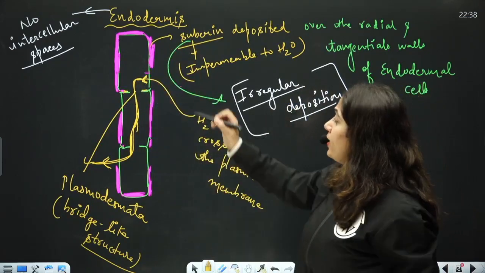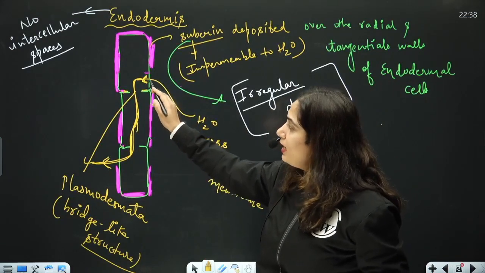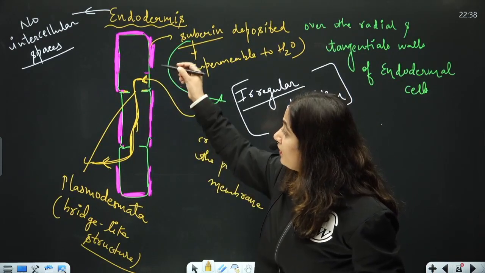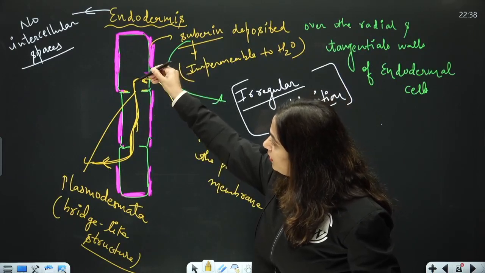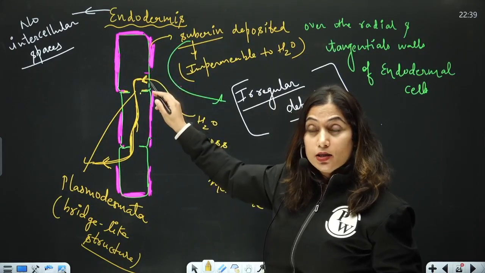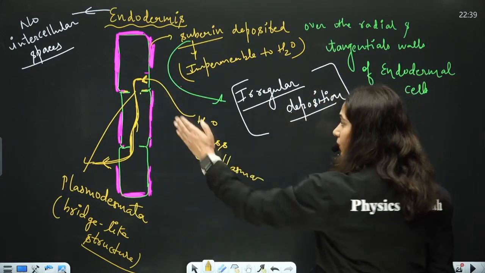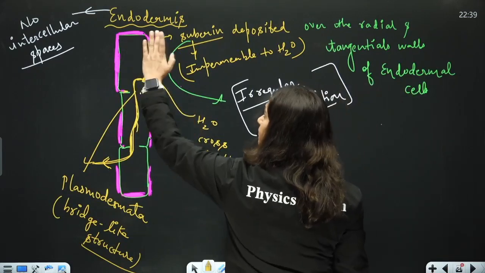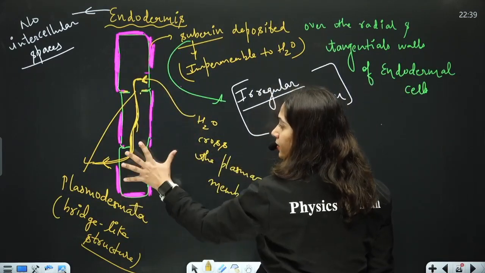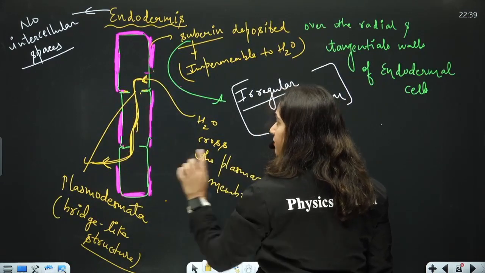So water takes entry from those points, and then it crosses the plasma membrane, with the help of plasmodesmata, remember the bridge-like structure connecting the two cells. So suberin is deposited on the cells of the endodermis, but there are few points where it is absent.